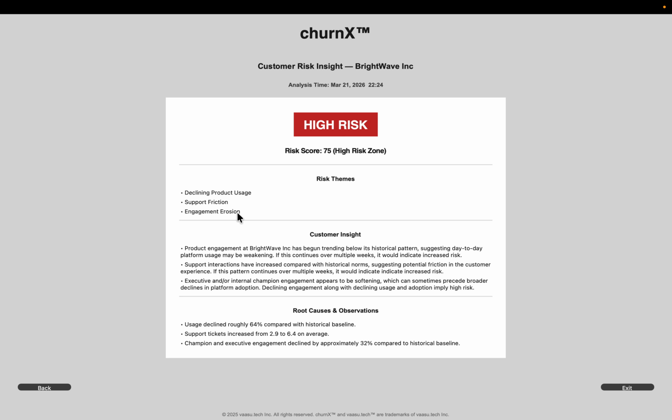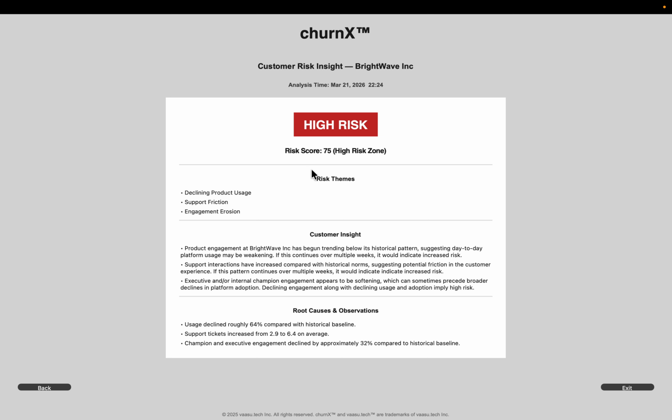Now, in this scenario, which is a controlled demo environment, we know that these changes have happened. But in a live scenario where things are moving very slowly over a period of 30 days, these signals are very hard to detect. And that is where churnX becomes so valuable.